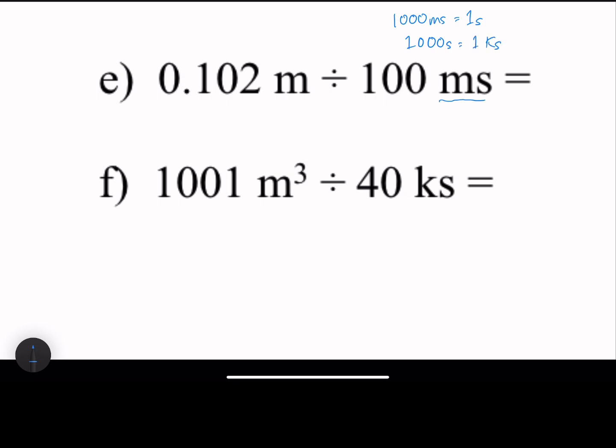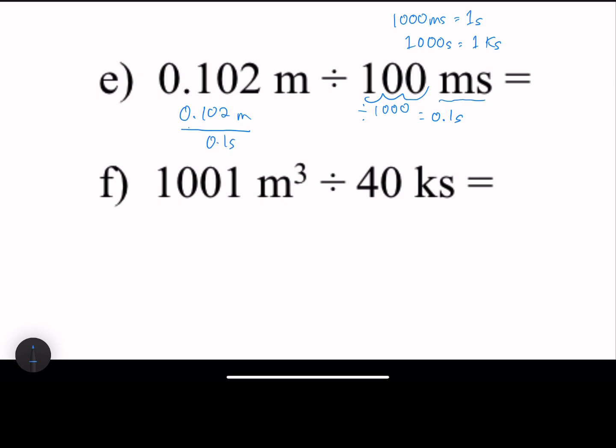So to get this into seconds, we're going to divide by 1,000, and that would be equal to 0.1 seconds.